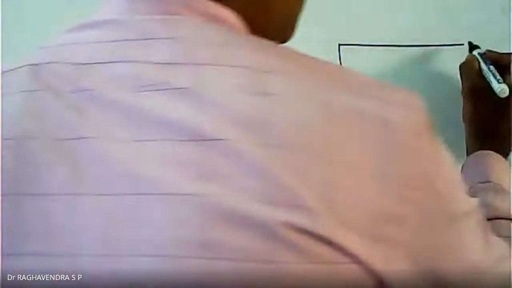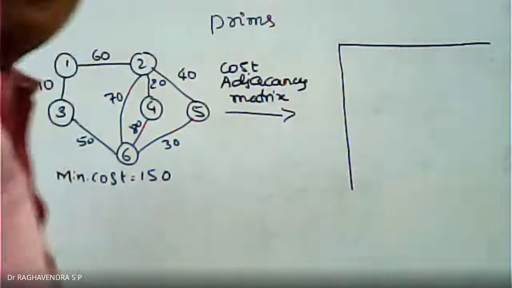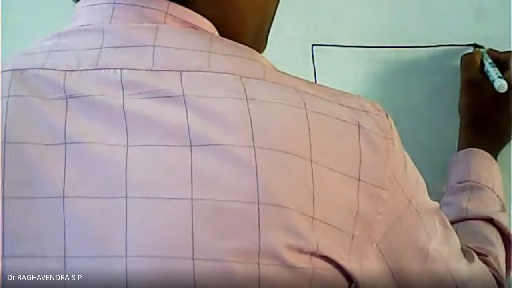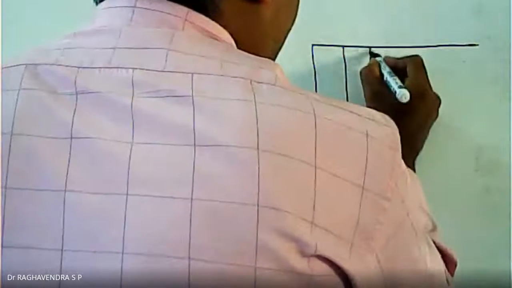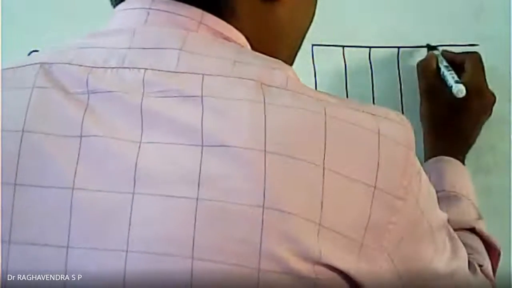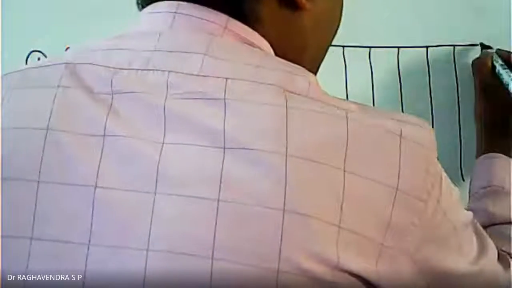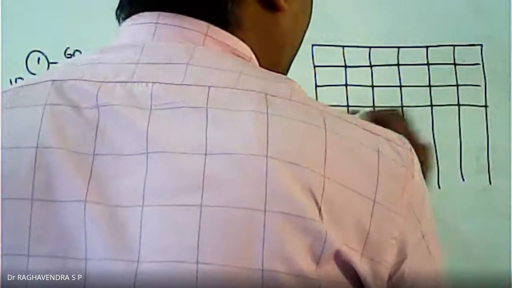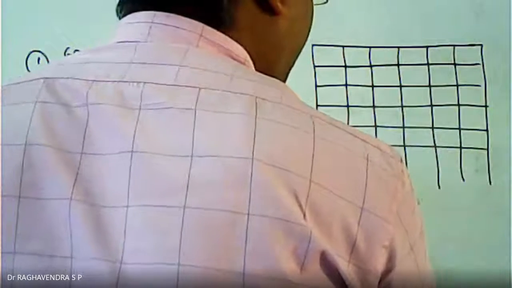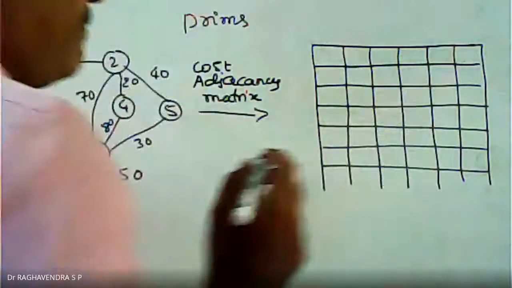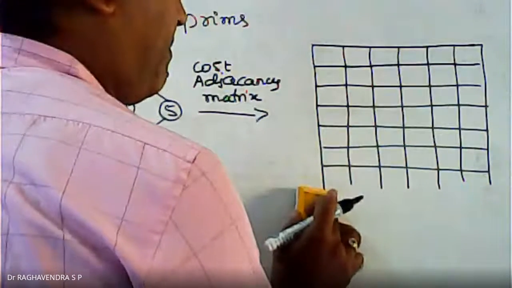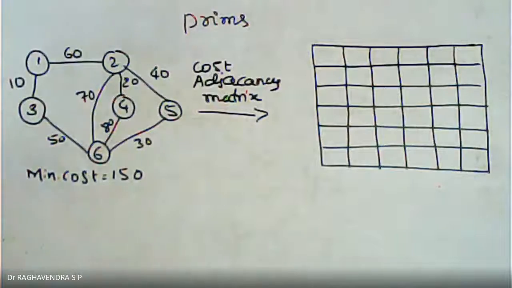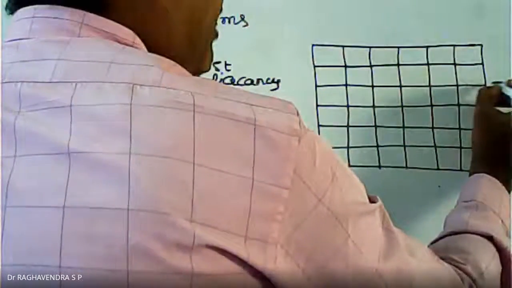Can you see this? Okay, so a 6 cross 6 mesh is what I have drawn here.